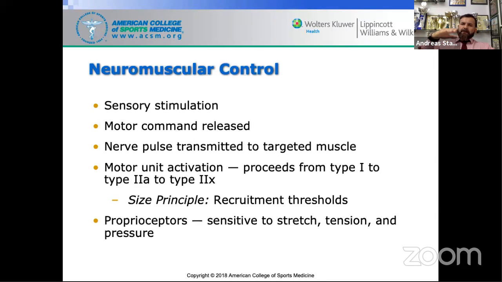As I'm increasing the weight, I have to keep adding motor units that have higher threshold. If I put my maximal weight, which motor units am I going to activate? That's the question for your LO. Think about thresholds. Think about keep adding. What's going to happen at the very end?